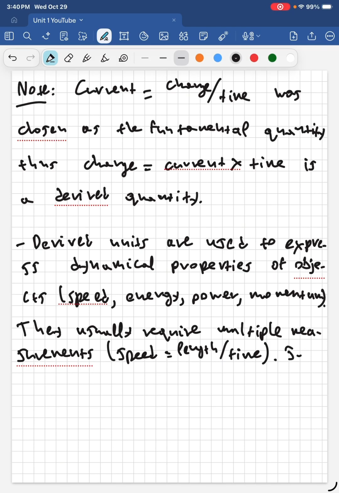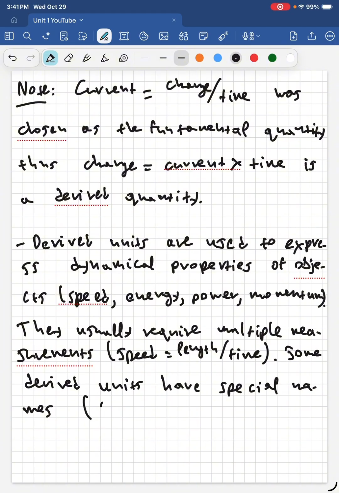Some derived units have special names. And perhaps the most popular is the Newton. 1 Newton is 1 kilogram times meters per second squared, because F, force, is mass times acceleration.